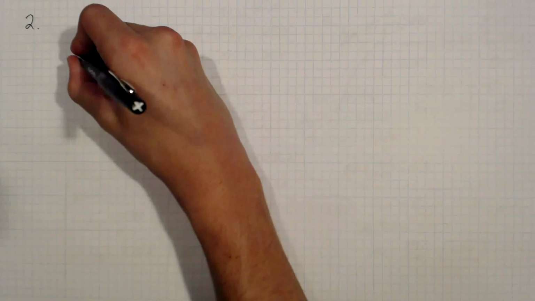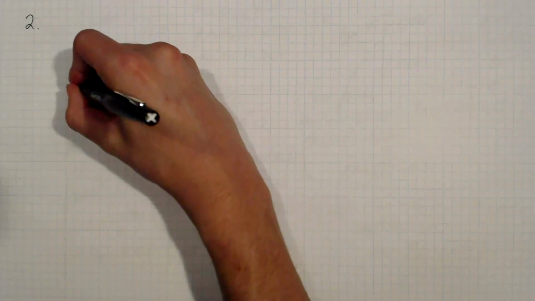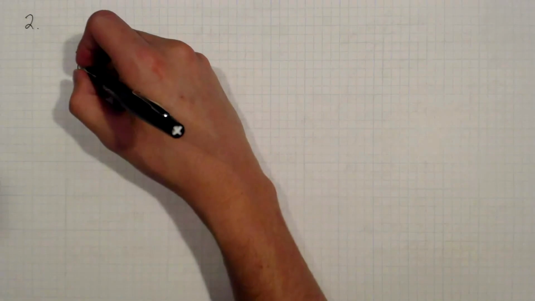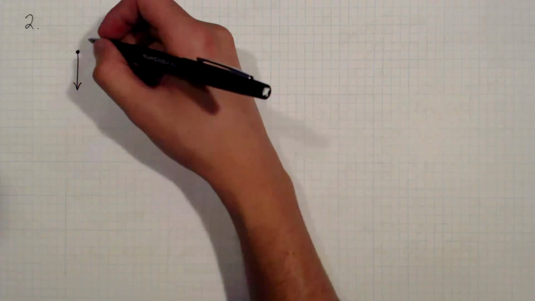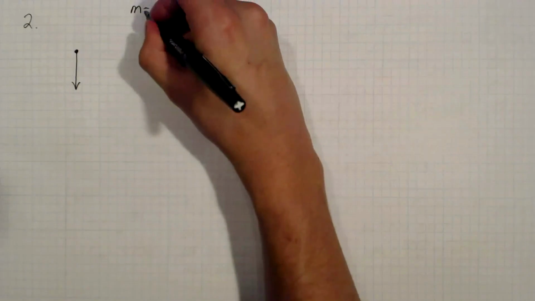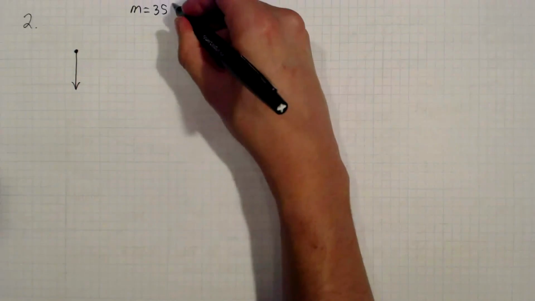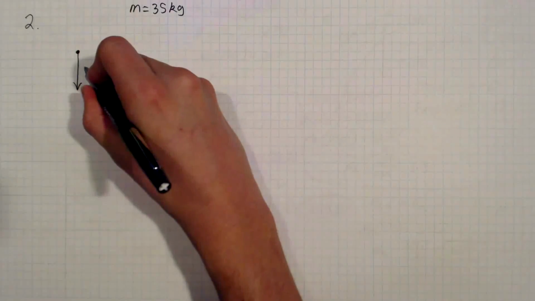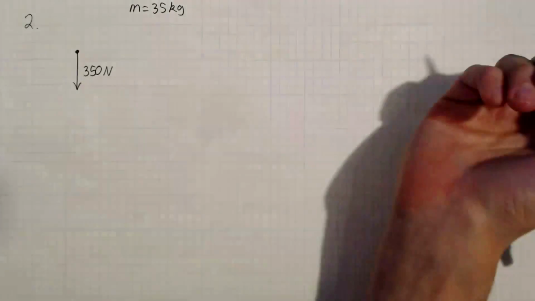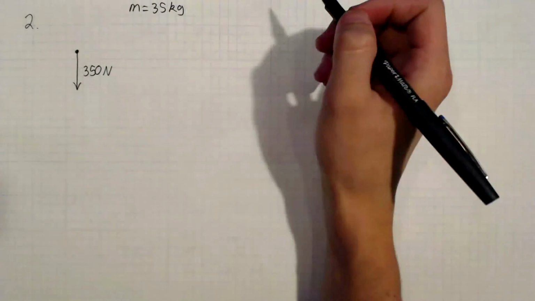Okay, so start off with a preliminary free body diagram, which is going to have a downward force of gravity, and it gives you mass equals 35 kilograms. So our downward force of gravity is going to be 350 newtons, because I'm just using g equals 10 to make it easy.